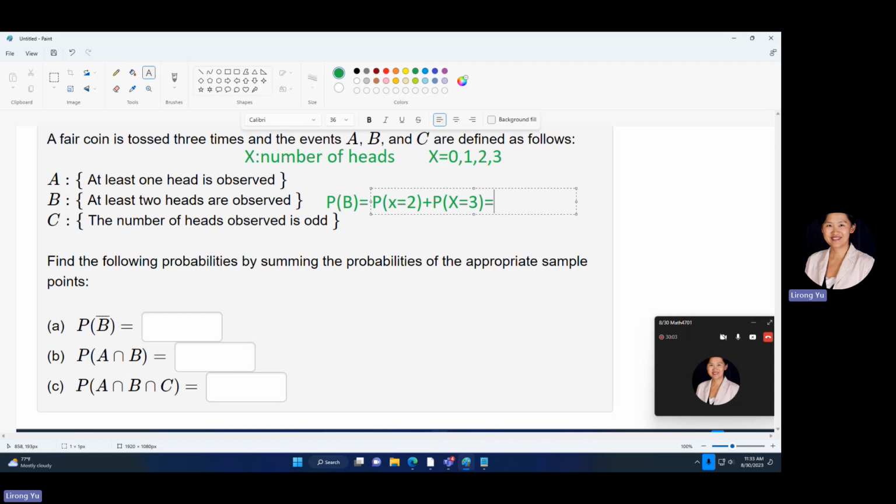What is the probability to get 2 heads out of 3 tosses? We can look at how it is if you toss the coin 3 times. Head or tail, first toss; second toss, head or tail; and third toss, head or tail.